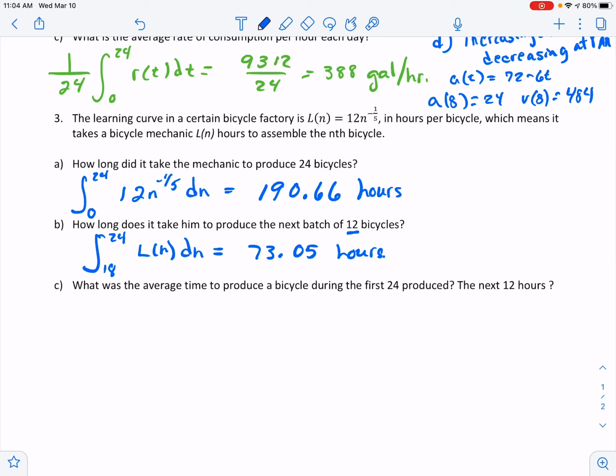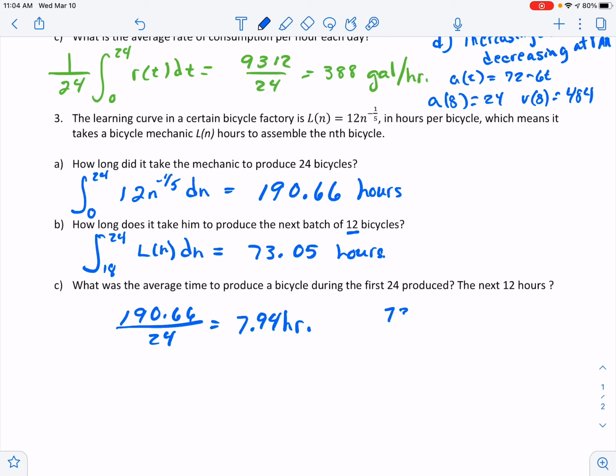All right. Now it says, what's the average time to produce a bicycle for the first 24 bicycles produced, and what about the next 12? So you take 190.66 and divide by 24, and you get 7.94 hours.